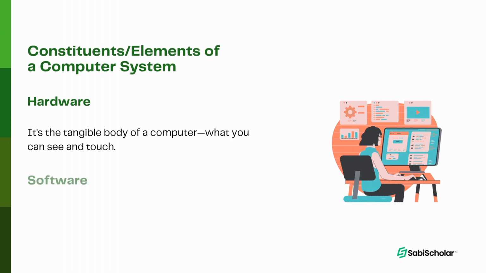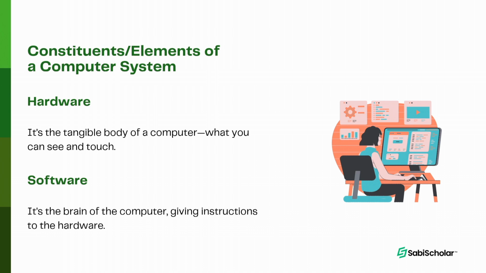So we also have the software. The software is like the brain of the computer, which is the one that gives the computer instructions. It's the software that gives the hardware the instructions. Similar to the way the brain works in a human, there are certain things called electrons that actually send out signals within your brain.